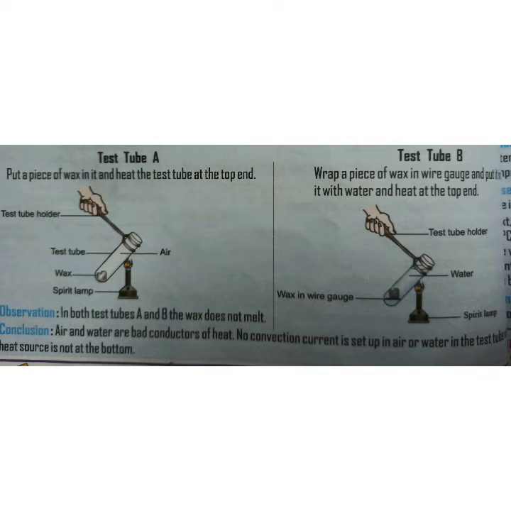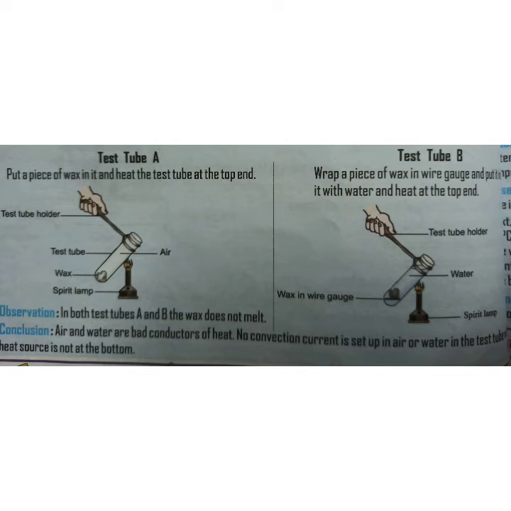First we have to take 2 test tubes and label them as A and B. In test tube A, put a piece of wax and heat the test tube at the top end. In the same way, in test tube B, wrap a piece of wax in wire gauze and put it in. Fill it with water and heat at the top end.